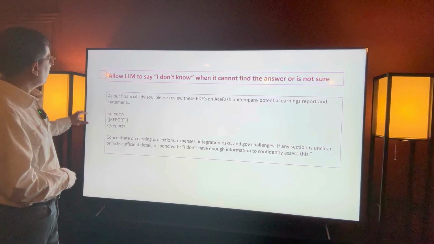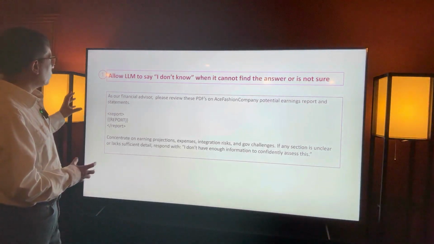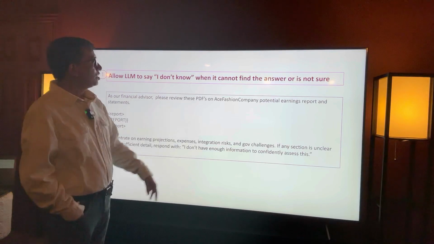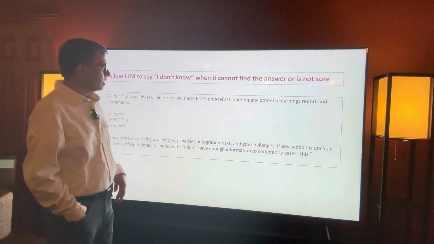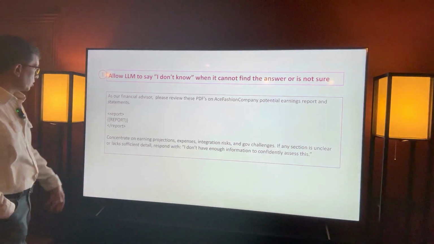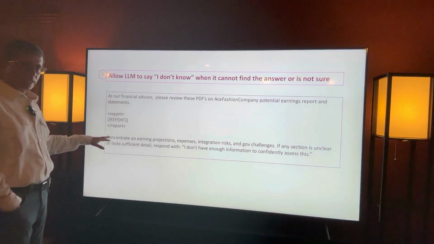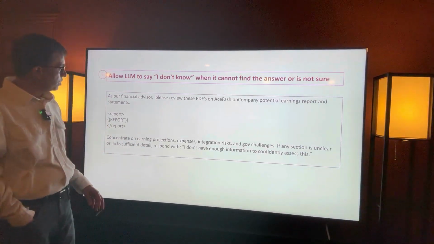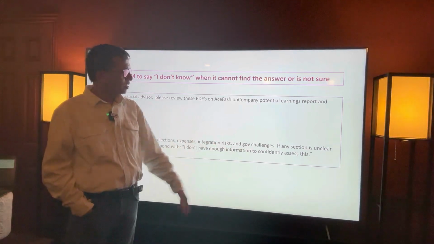For example, here we are creating a financial advisor and we are telling it, please review these PDFs on this company and look at earnings and statements. I'm also saying to concentrate on earning projections, expenses, and government challenges.